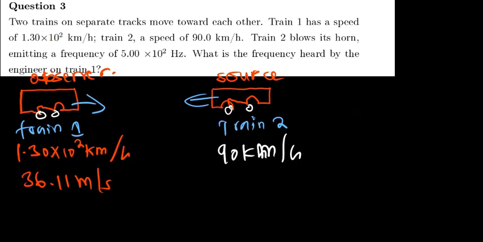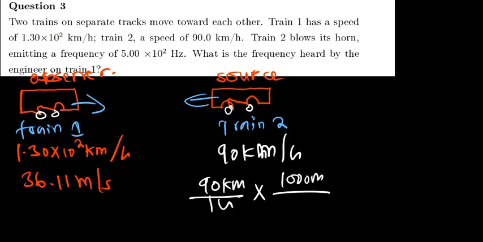Let's convert 90. I'll say 90 kilometers in 1 hour. In 1 kilometer I've got 1000 meters, then again I have to convert hours to seconds. In 1 hour we have got 3600 seconds.